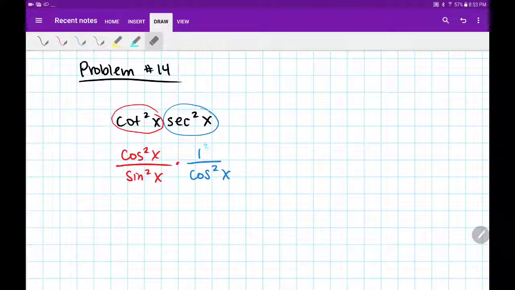But 1 squared is just 1, so you can just write it as 1 over cosine squared x. Now let's see what we can do. Everything is now in terms of sine and cosine, and let's look for opportunities to simplify. Ooh, cosine squared cancels with cosine squared, and now I am left with sine squared x. See if you agree.